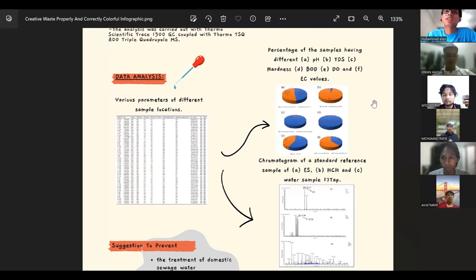The values are within the acceptable range for drinking water, indicating that the water samples do not have excessive material content or salinity issues.